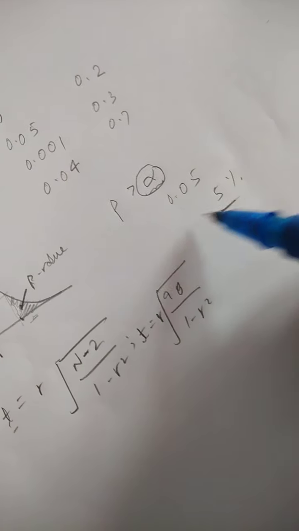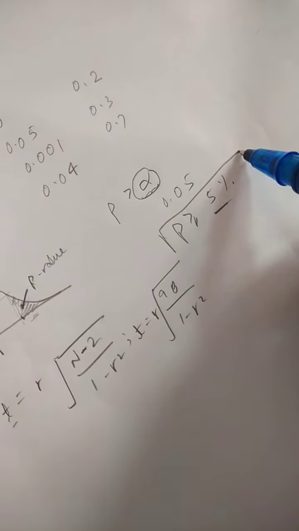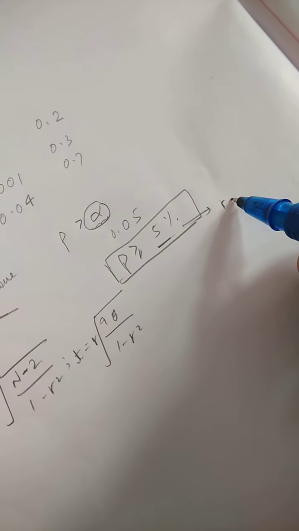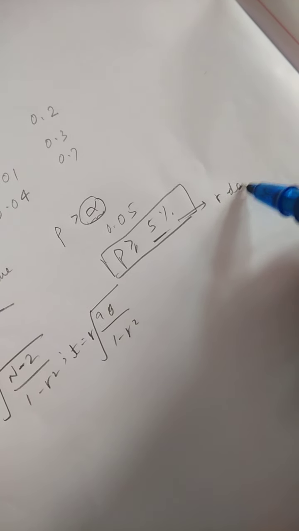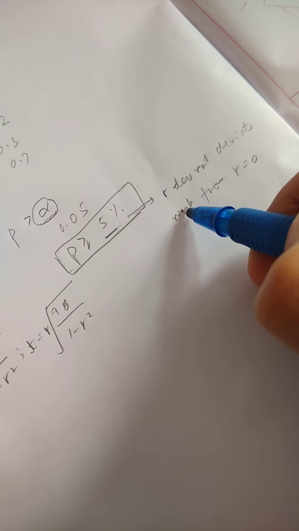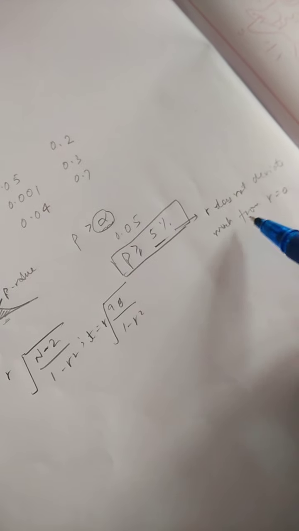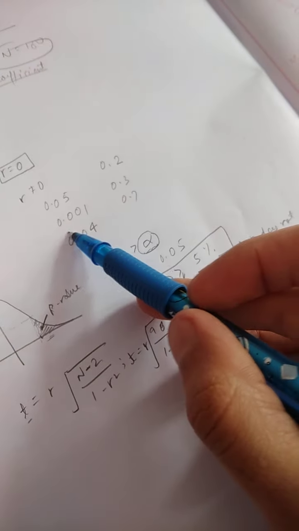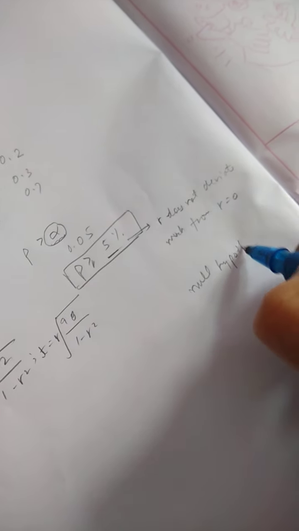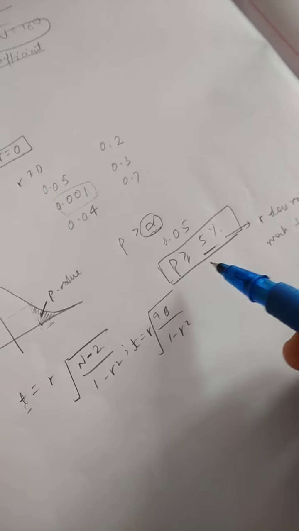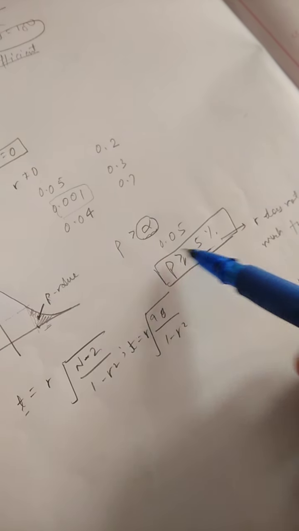If this p-value is greater than or equal to this 5%, what this implies is that the r value does not deviate much from r equal to 0. That is, the deviation in r is not that significant. The correlation which these values are showing is not significant, and our null hypothesis still holds good.